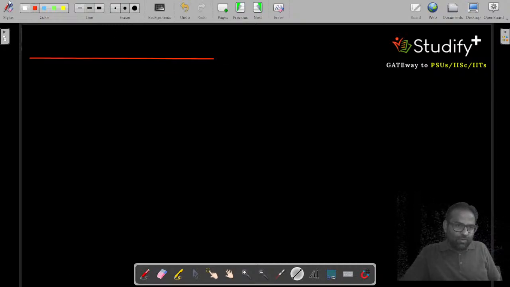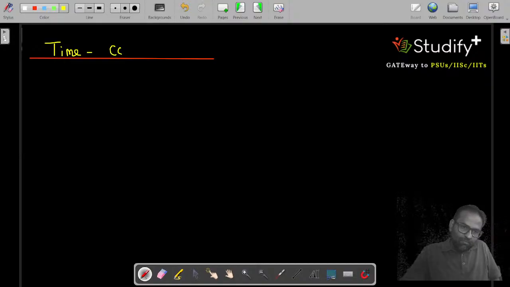So we want to learn the concept of time constant. And this analysis is valid for RL and RC, or first order analysis.